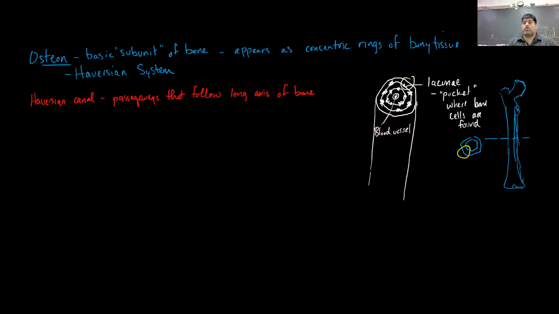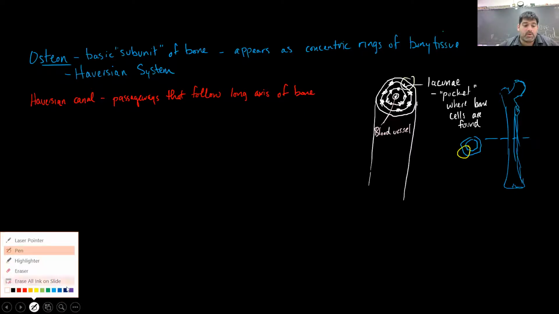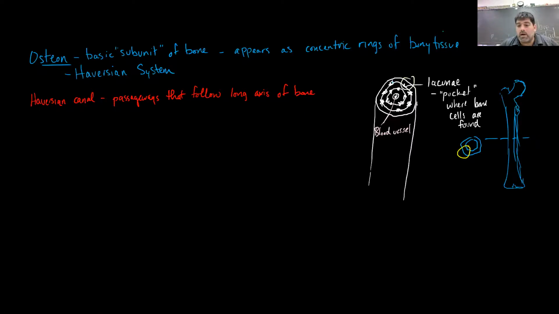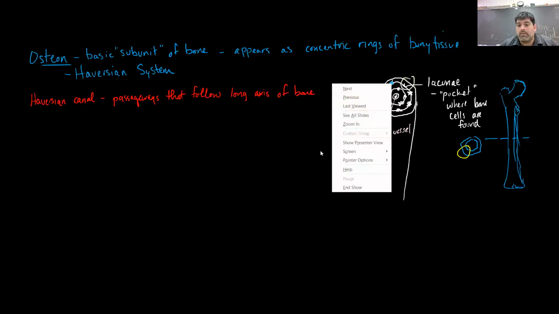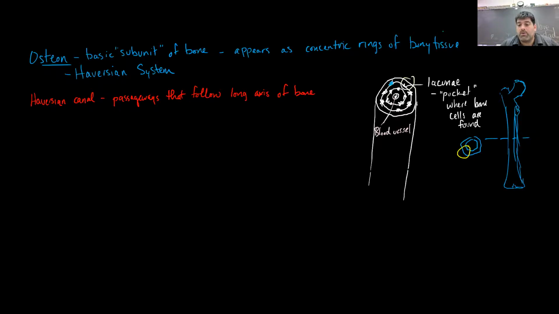These are the pockets where the bone cells are found. In those pockets, that's where we find the bone cells. These are called osteocytes. So the bone cells are called osteocytes.